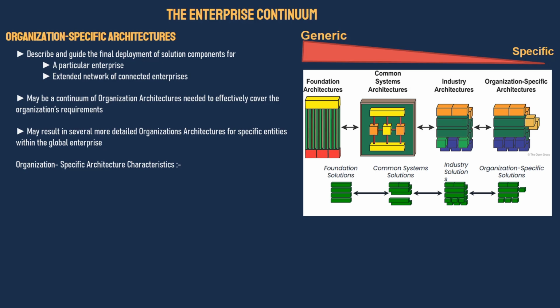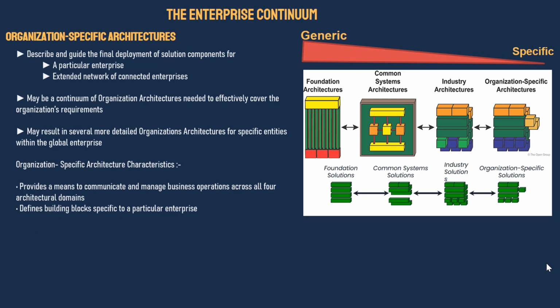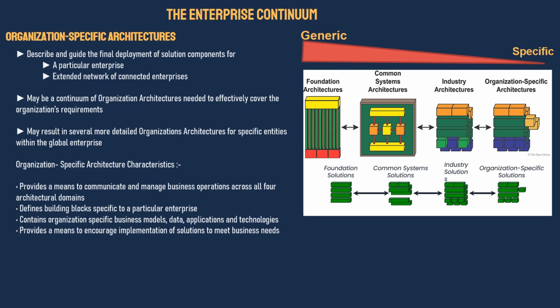Organization-specific architecture characteristics: provide a means to communicate and manage business operation across all four architecture domains. Define building blocks specific to a particular enterprise. Contain organization-specific business model, data, applications, and technologies. Provide a means to encourage implementation of solutions to meet business needs. Provide an evolutionary path to support growth and new business needs. Provide criteria to measure and select products, solutions, services.